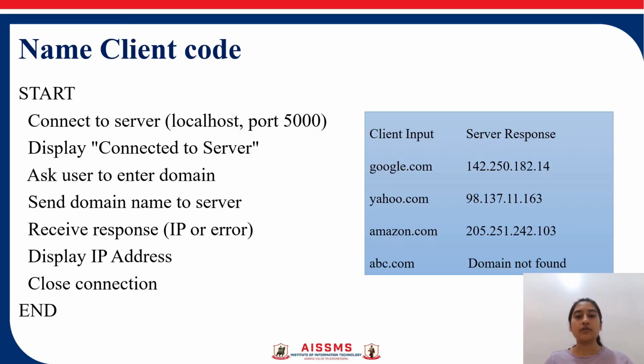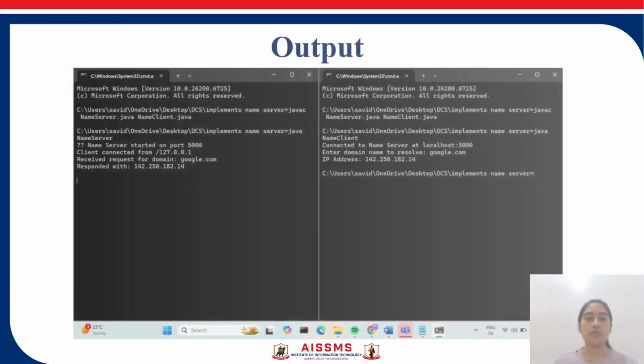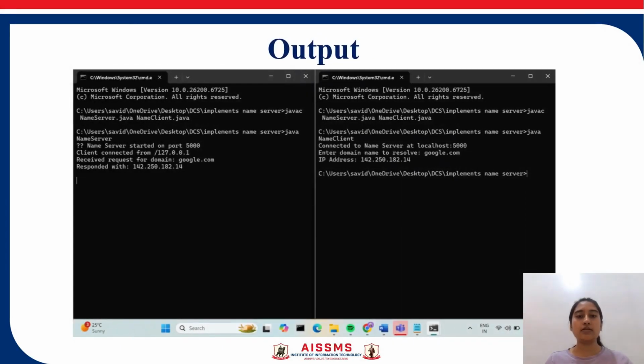Now, this slide shows the actual output of the project and explains how our implementation works in real time. This project is implemented in two Java files, nameserver.java and nameclient.java. We first run the server program. It prints name server started on port number 5000.